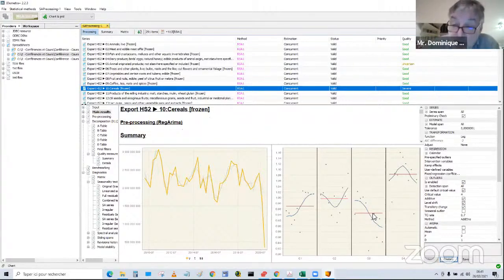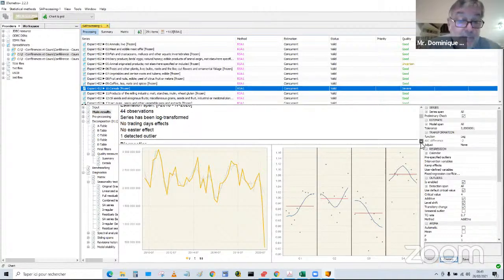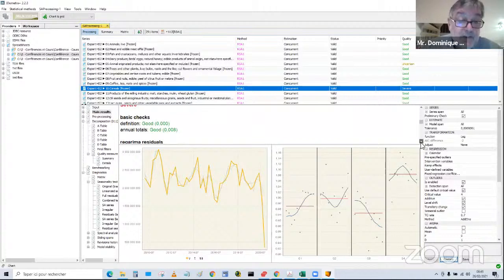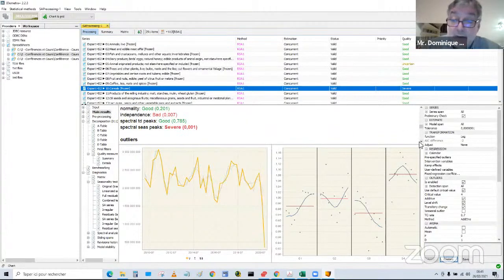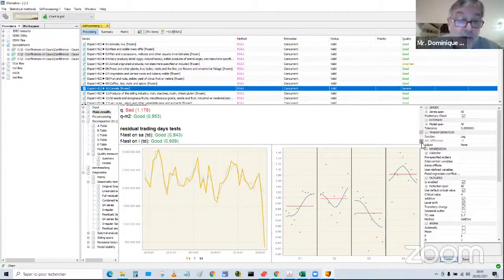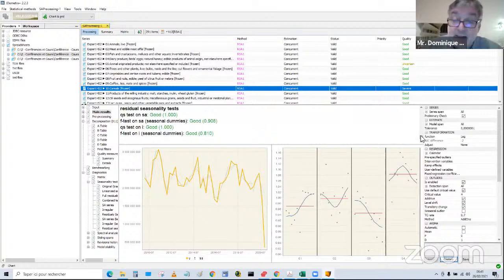So it's not huge, but it's big. And did I do something good? No, it's still severe, always because of ARIMA modeling. But the Q statistics are not so bad.